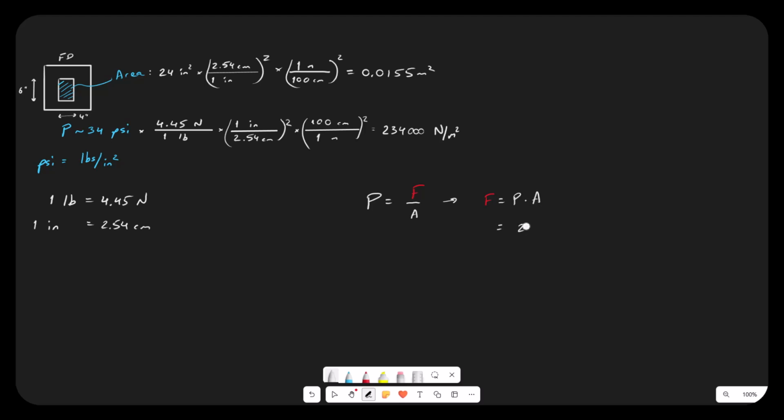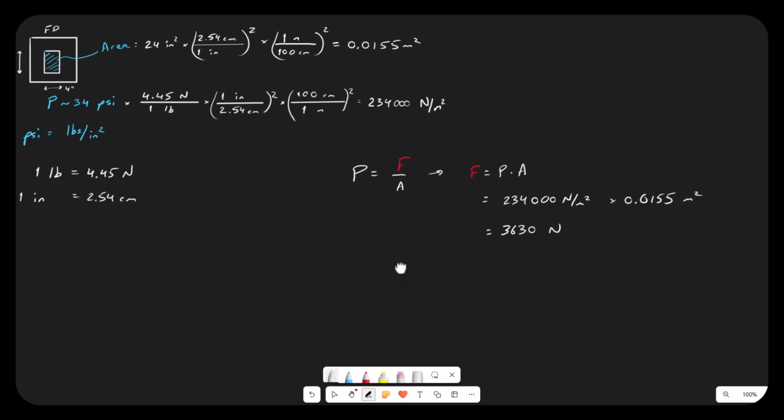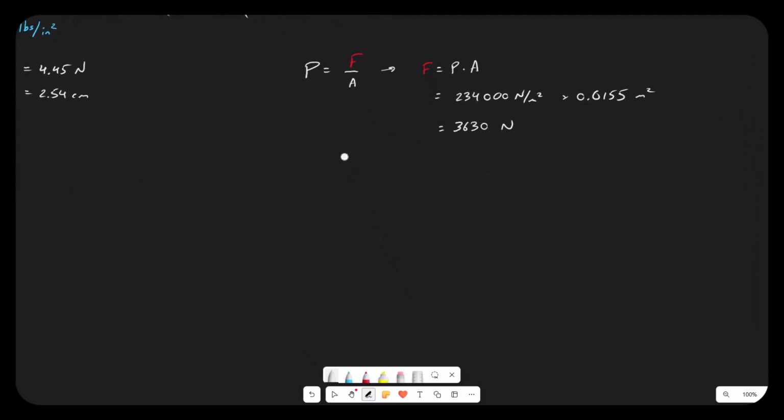I get my pressure times my area and I get a force out of that of 3630 newtons. I can go through and do this for each tire, but let's say that they are about the same.